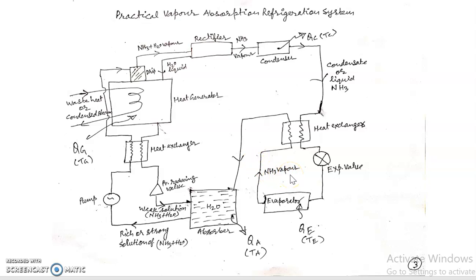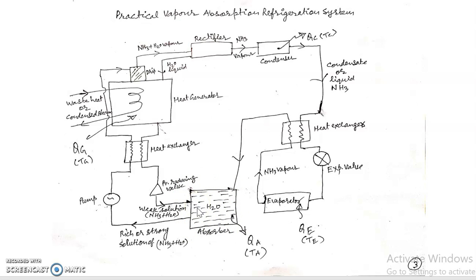This ammonia vapor is at low temperature, so it absorbs heat from the condensate, and in this way the temperature of the ammonia vapor increases and the temperature of the condensate decreases. This ammonia vapor is then sent to the absorber, and in the absorber, because of the hygroscopic property of water, it absorbs all the ammonia vapor and becomes a rich mixture of aqua ammonia.